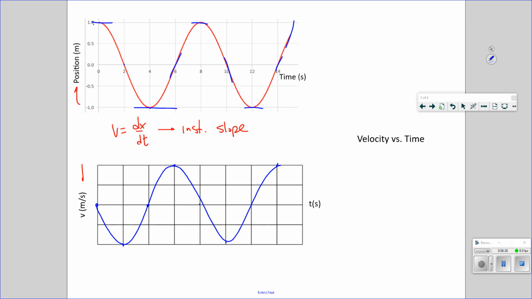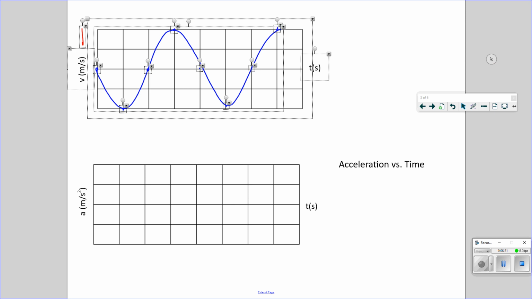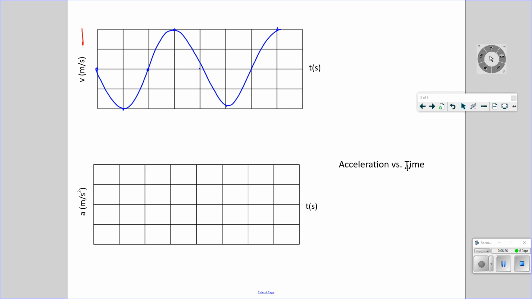If I take this function for velocity, and we say, okay, here's acceleration, and acceleration is the time derivative of the velocity function. Acceleration is dv/dt. That says that acceleration is the instantaneous slope of the velocity function.